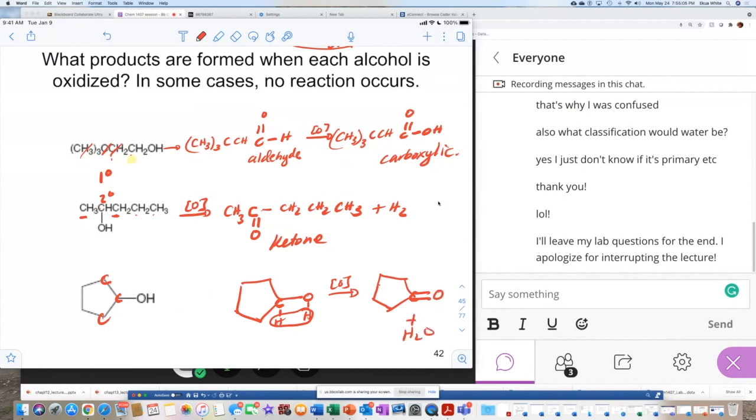Okay. Once again, when the alcohol is in the middle, you end up with a ketone. When the alcohol is on the end, you end up with the carbonyl on the end, and that carbonyl can be further oxidized to give you a carboxylic acid. Okay.